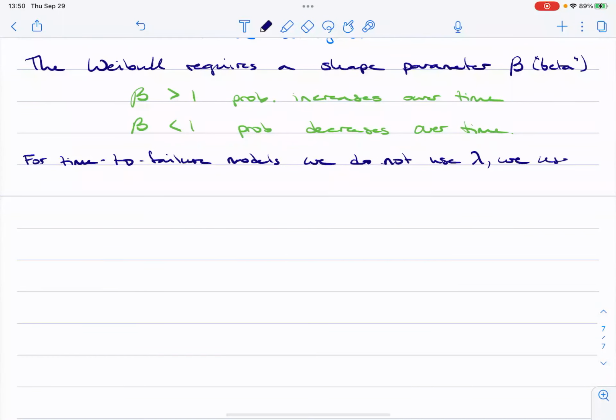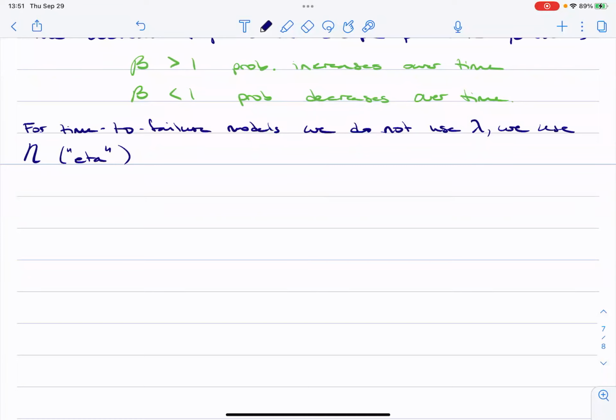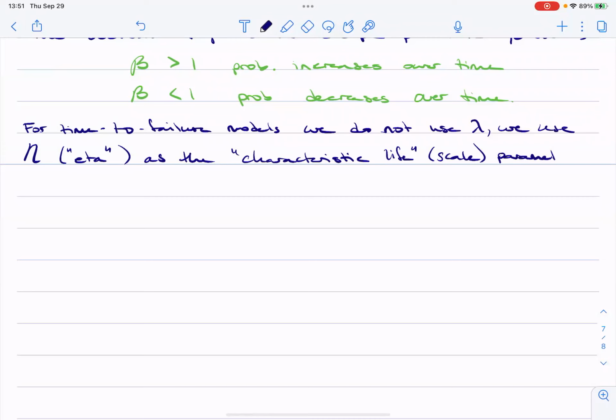We use this kind of fancy n, which is eta, as the characteristic of life, or scale parameter. All on one page.